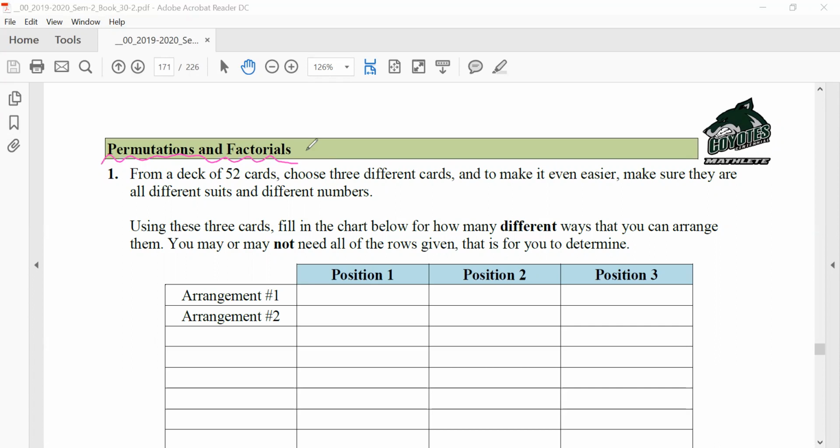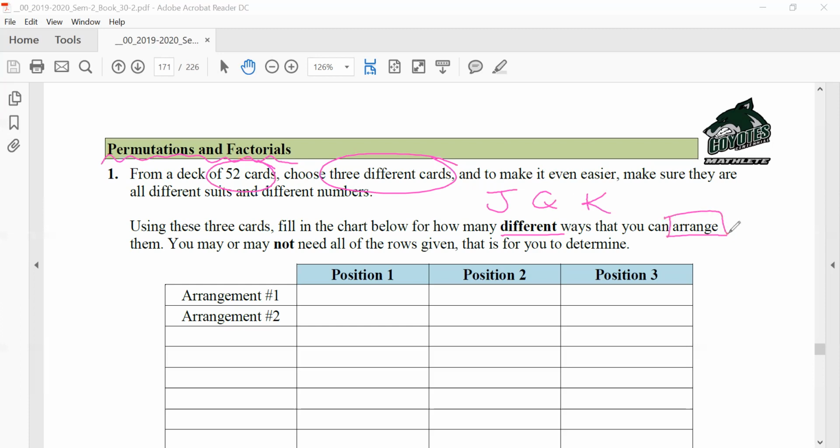So what I want you to do here is pretend that I'm going to hand you 52 cards, and you're going to select 3 unique cards. So let's make it easy for all of us. Let's say there's a jack, a queen, and a king. So your job right now is to figure out how many different ways you could put these in a row. How many ways could I arrange them?